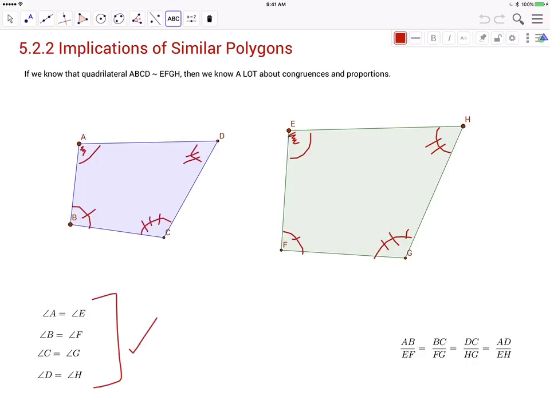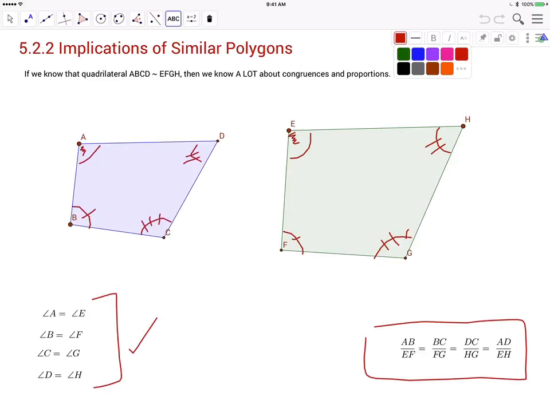What's a little bit harder to see is all of these relationships that now become locked in now that we know that the two quads are similar, right? We know that AB, and let's see if I can do this with some other color here, maybe purple, that AB, right, this side, relates to EF.